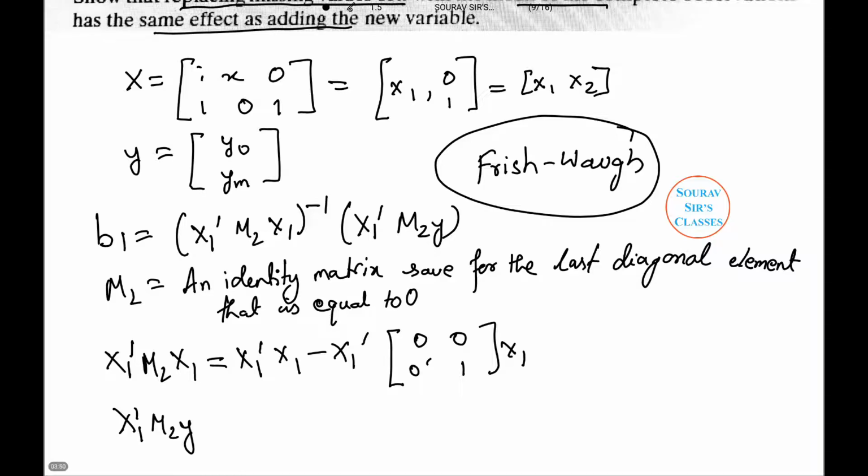Thus the coefficients on the first two columns are the same as if y0 had been linearly regressed on X1. The denominator of R square is different for the two cases.